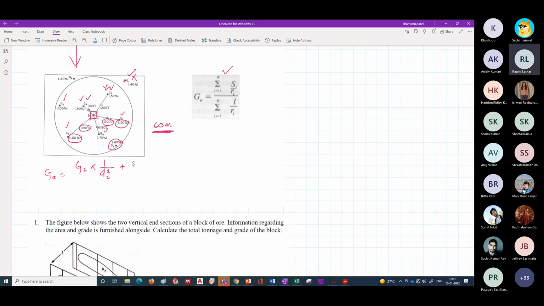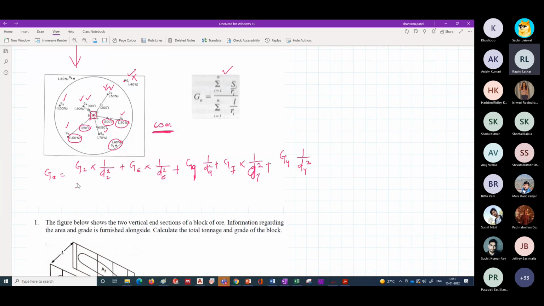Plus G6 into 1 by D6 square plus G9 into 1 by D9 square plus G7 into 1 by D7 square plus another one, G4 into 1 by D4 square.